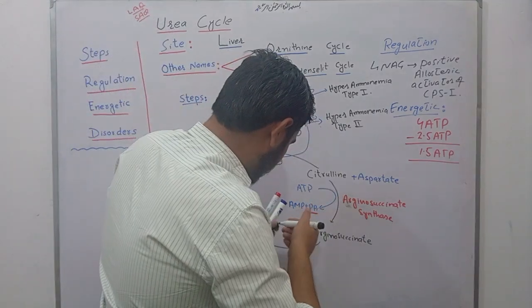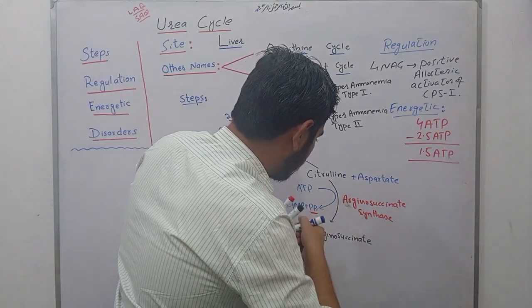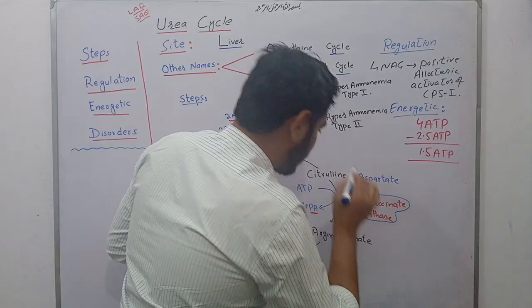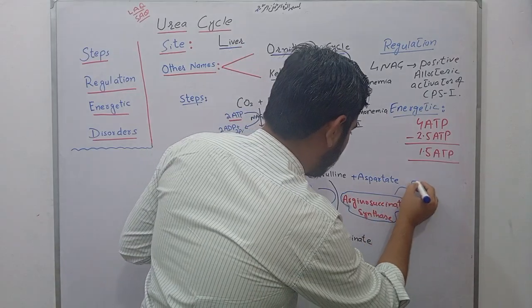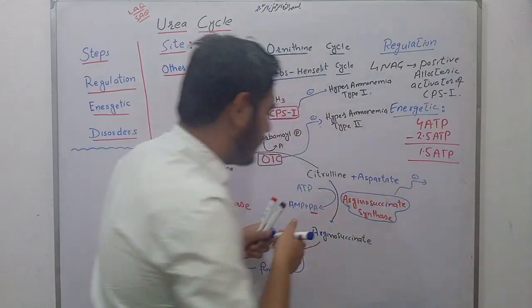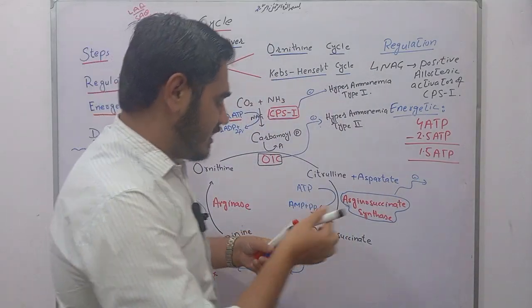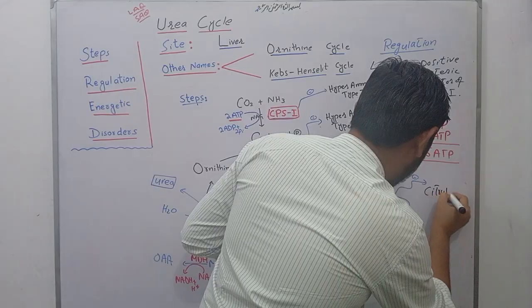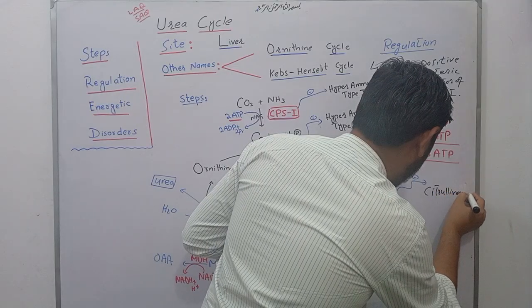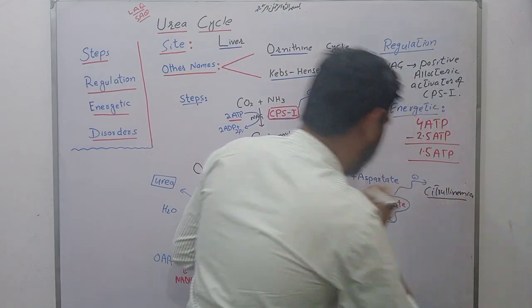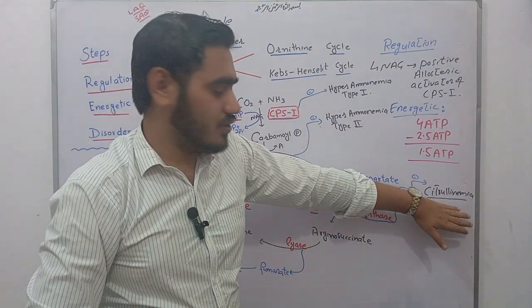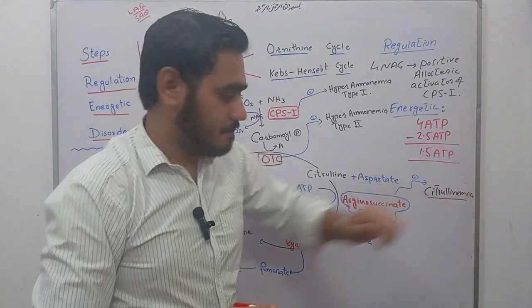And the deficiency of this enzyme, arginosuccinate synthase enzyme, leads to the disorder citrullinemia.